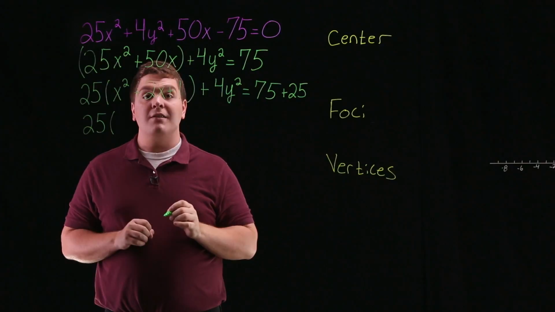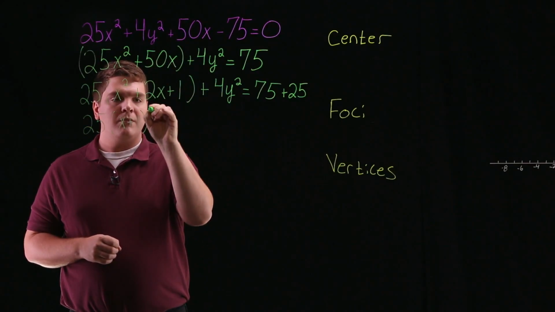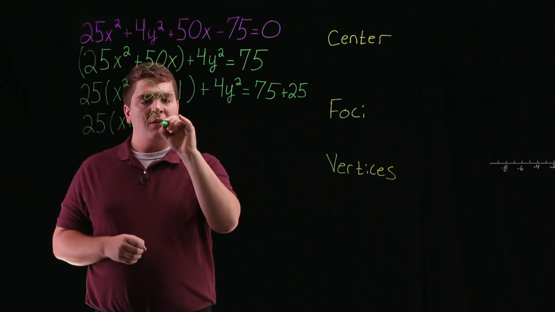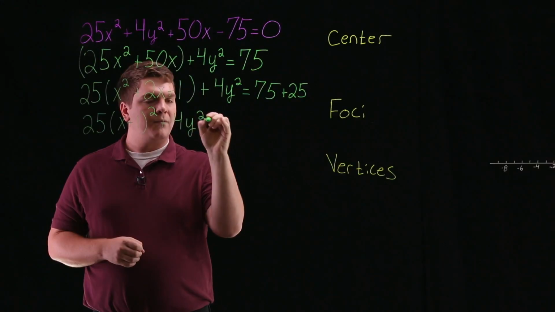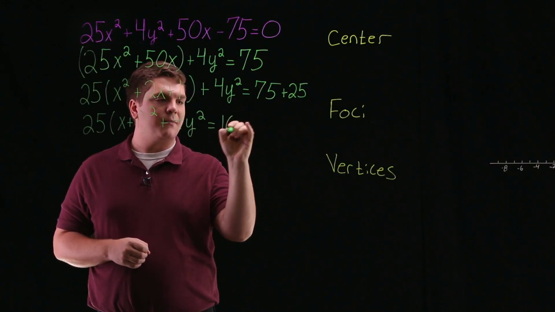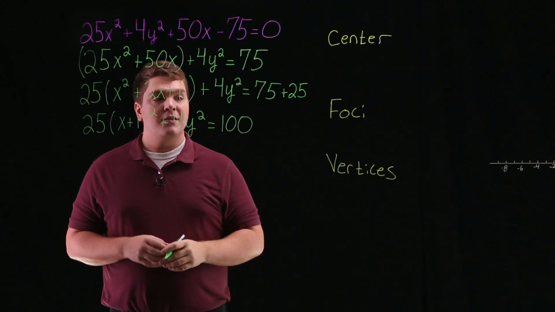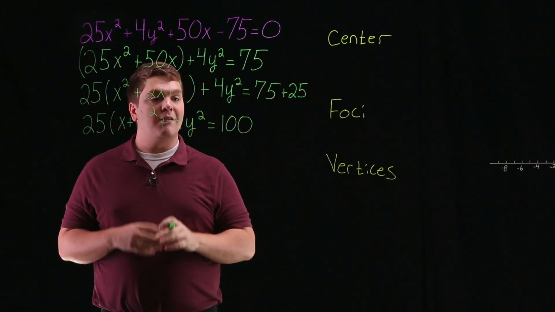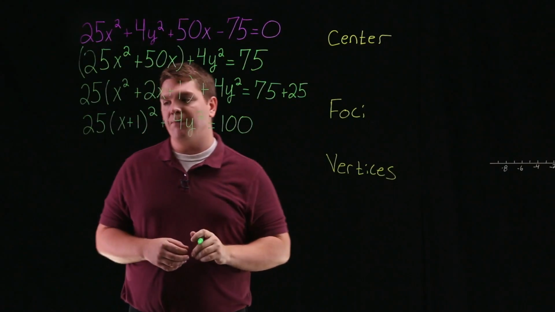Here we know that this factors into x plus 1, quantity squared. We're adding 4y squared, and this is equal to 100. So we're getting closer to our standard form. Let's make the next step dividing everything by 100 so that we have a 1 on the right-hand side of the equation.